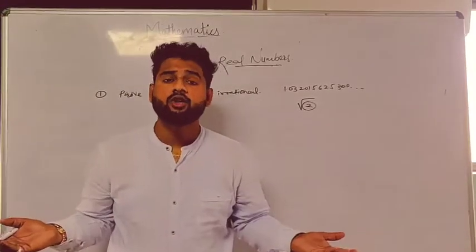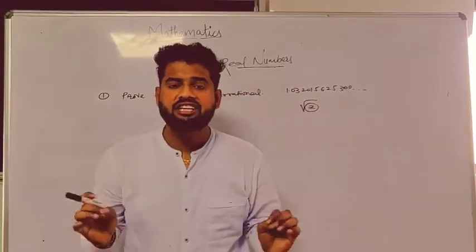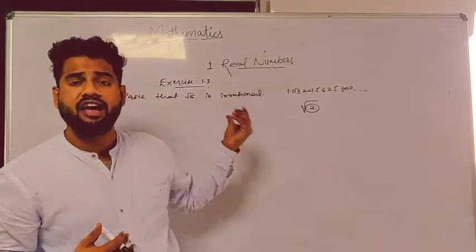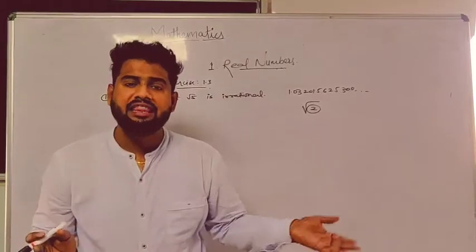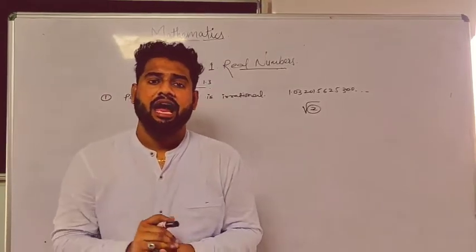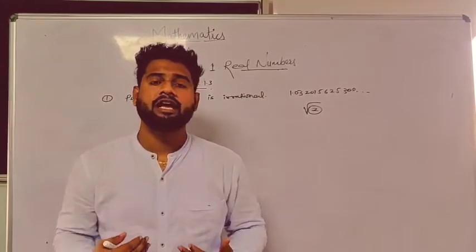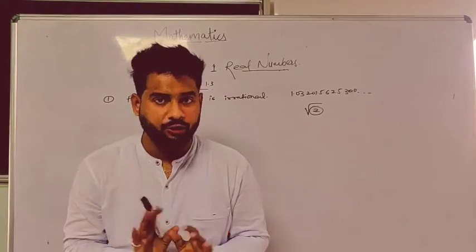So I will assume, let us take root 5 as a rational number. Considering root 5 as a rational number, I will follow some procedure, but at the last, some result I will get, and by observing that result closely, we will get to know that whatever we have assumed cannot be true. Are you getting my point?